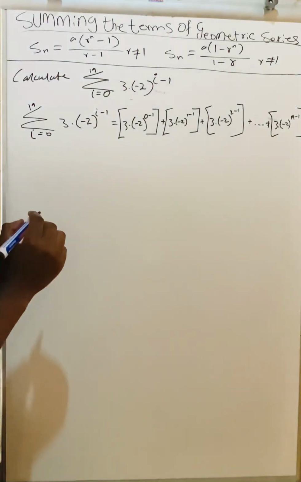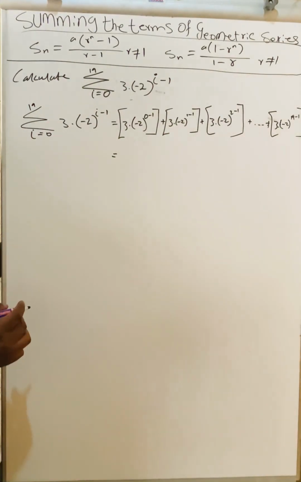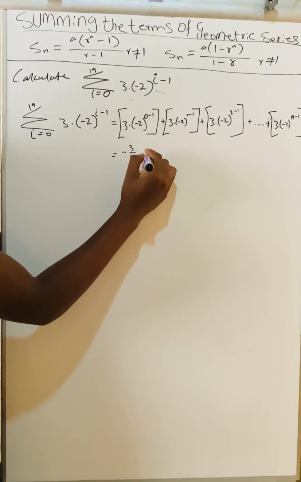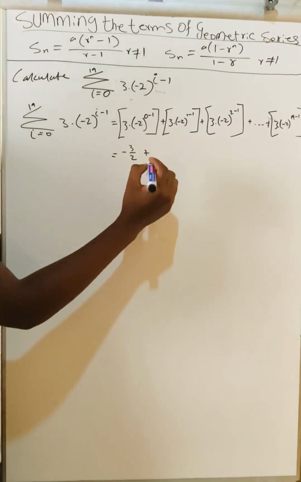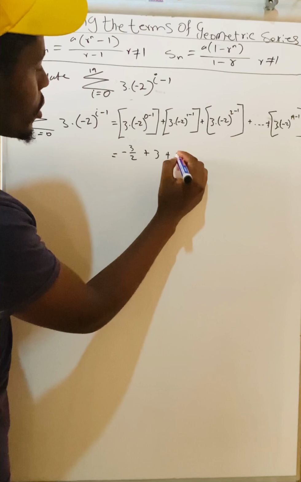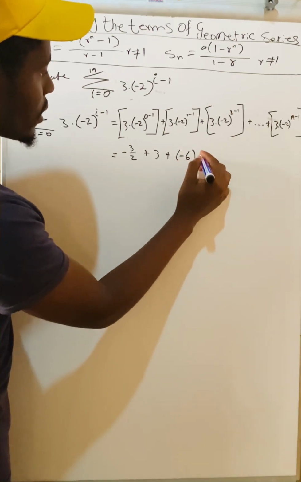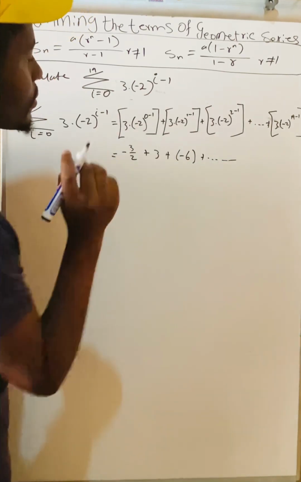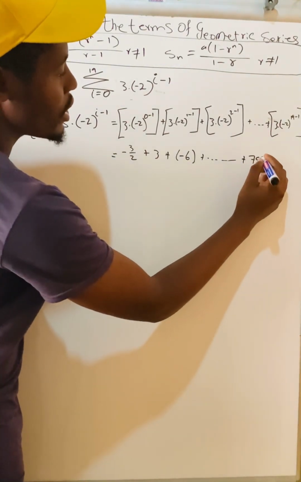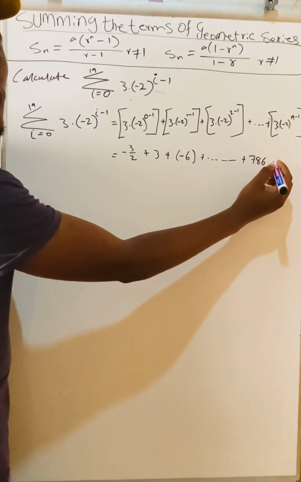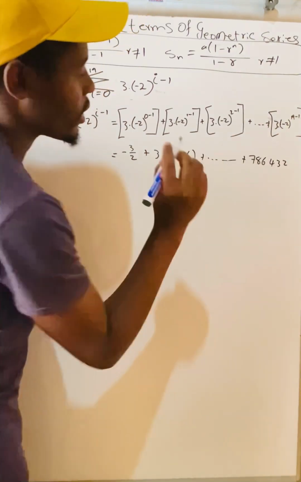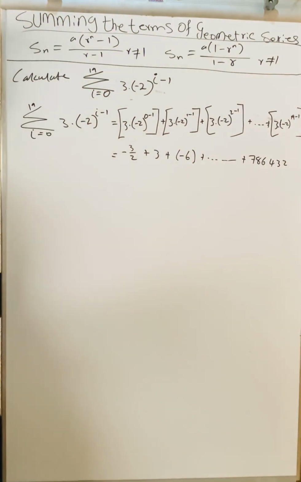Then from here you just punch the calculator. Here you will get negative 3 over 2, plus 3, plus negative 6, plus, and then the last one I think will be plus 786 432. You will have something like that.